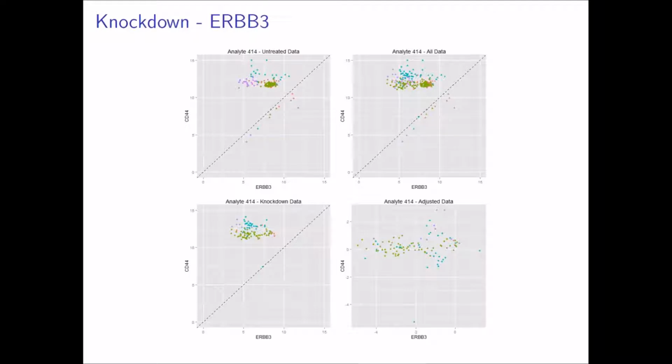This is actually the target gene on the x-axis. ERBB3 is the one that is supposedly knocked down in these experiments. And you can definitely see that that's the case. The green kind of smears it to the left compared to the untreated data. And when you do the differences, the 0, 0's here, so you see most of the data is on the negative side.